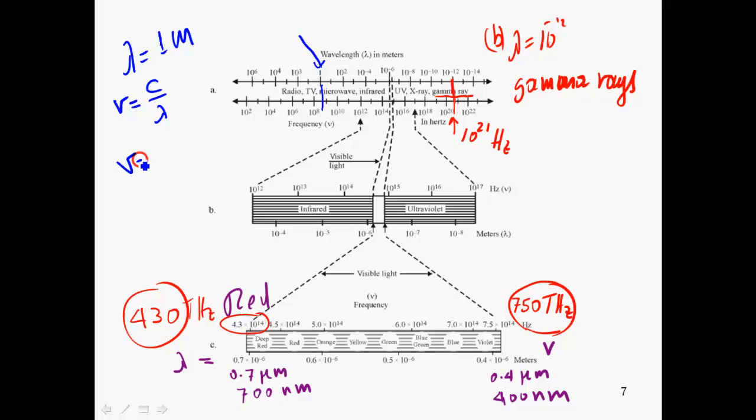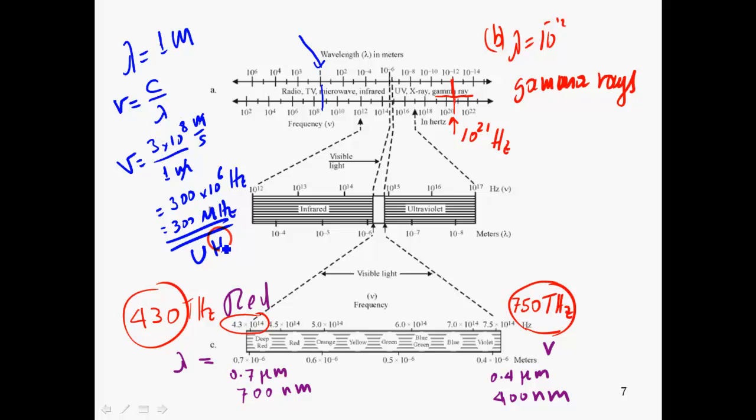And if you do that, 3 times 10 to the 8th meters per second, and lambda is 1 meter, okay? So 3 times 10 to the 8th is the same as 300 times 10 to the 6th hertz, or 300 megahertz. 300 megahertz is UHF.